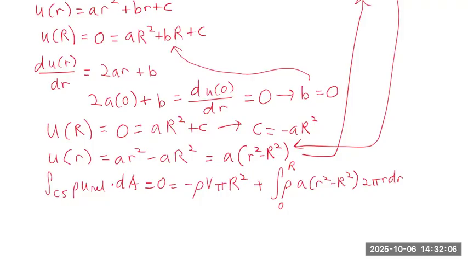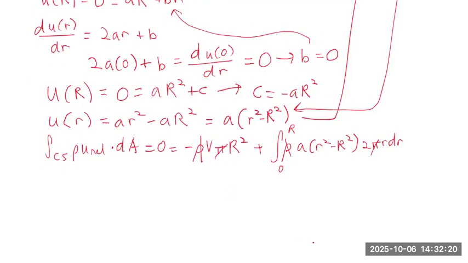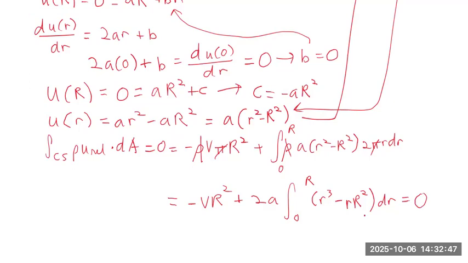Let me see. There are probably some things we can factor out or even get rid of. Basically, we can cancel the rho by dividing on both sides by rho. And we can also get rid of the pi on both sides. So this simplifies further to negative V R squared plus 2A times the integral from 0 to R of (r cubed minus R squared r) dr. And don't forget that this equals 0.